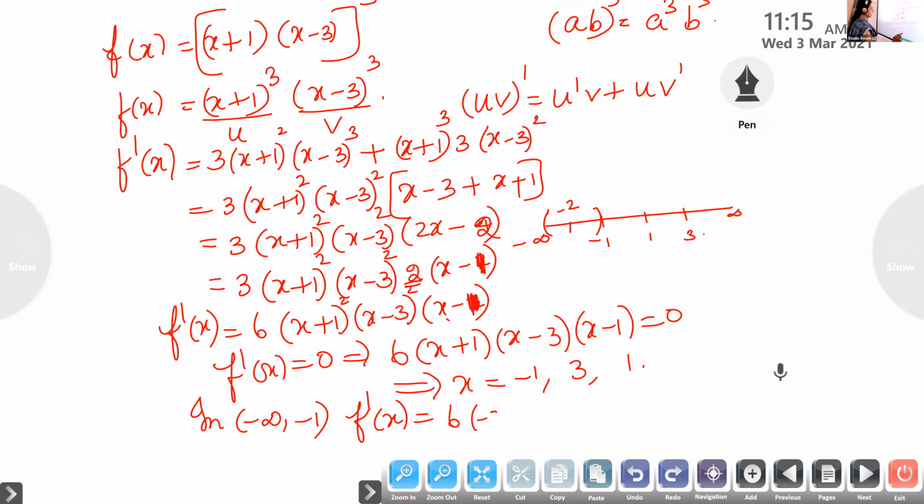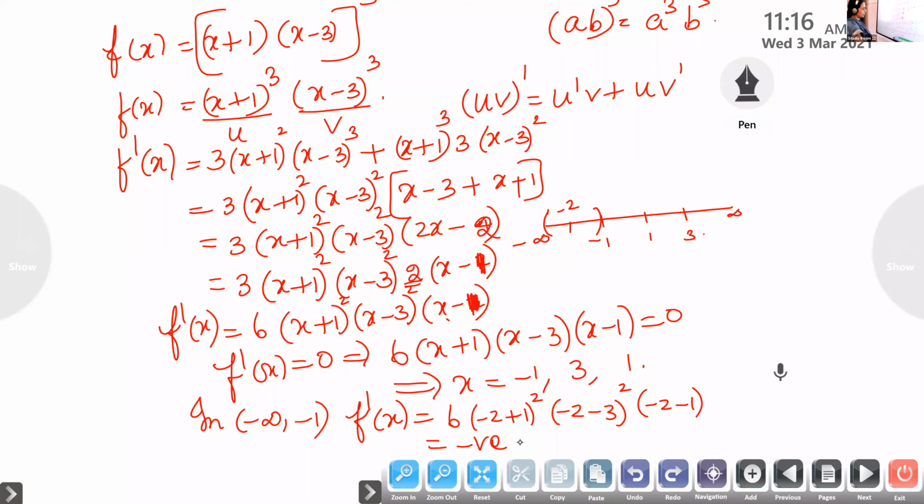Is it positive or negative? Negative. f dash of x is negative.